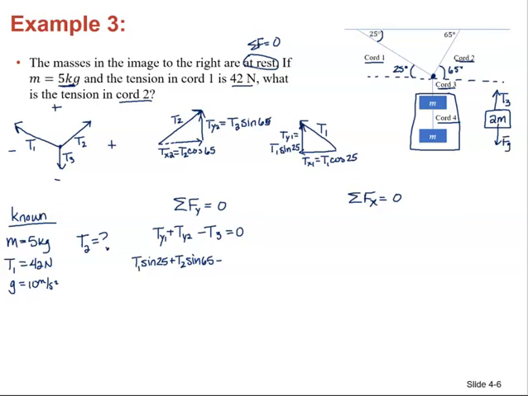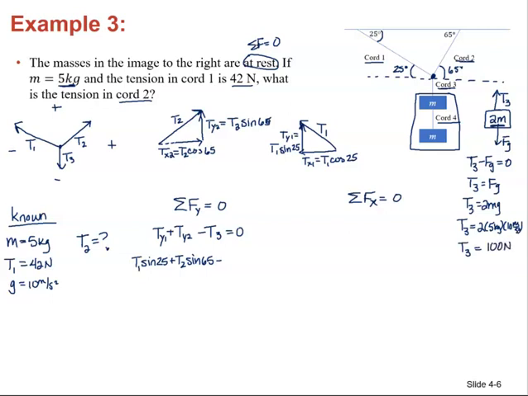So I can do my y-axis free body net force equation, and it's going to be T3 minus Fg equals 0. T3 is equal to Fg. T3 is equal to mg, or in this case, it's 2mg. So our T3 is equal to 2 times 5 kilograms times 10 meters per second squared. So T3 is equal to 100 newtons.